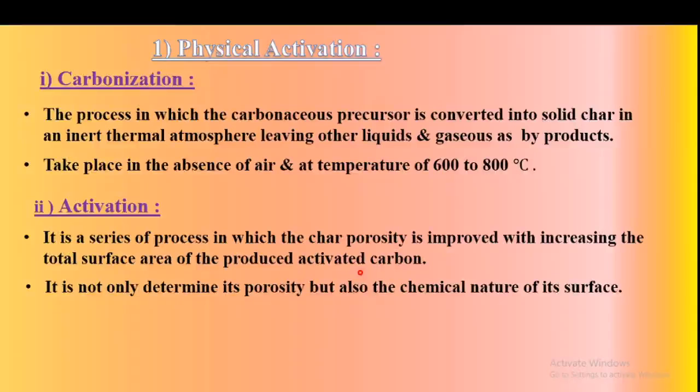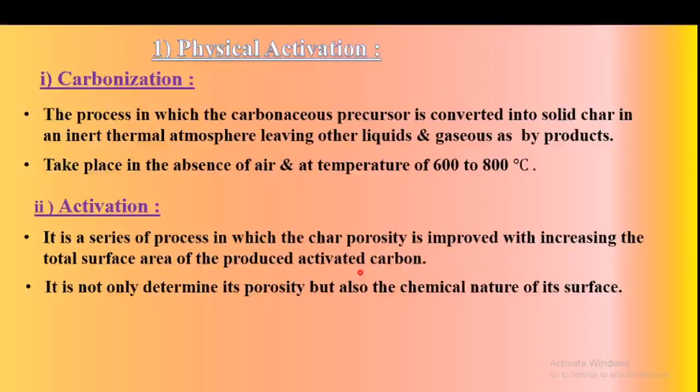In this case, an activating agent is used, that is carbon dioxide, steam or air at high temperature, 800 to 1000 degrees Celsius, to develop a porous structure, meaning to increase the porosity.